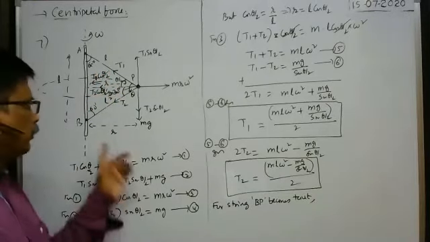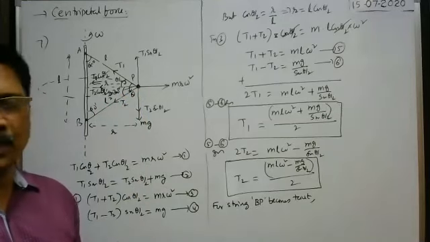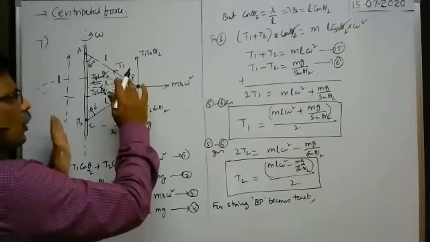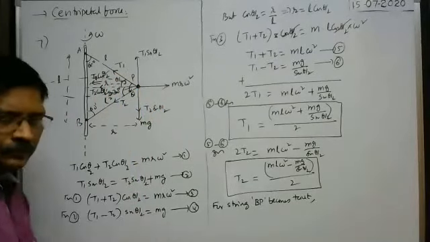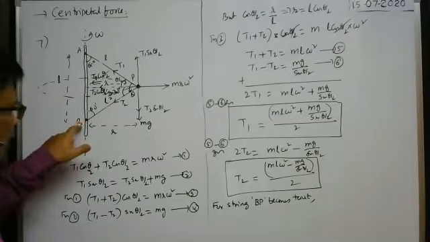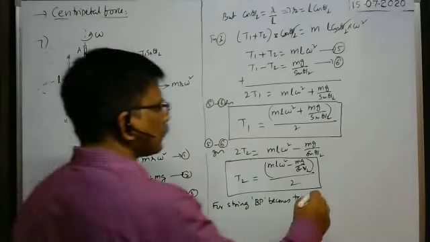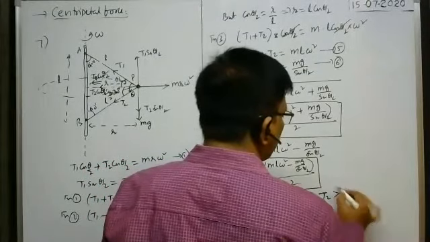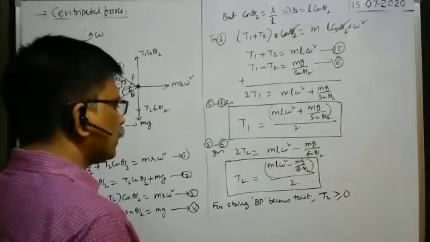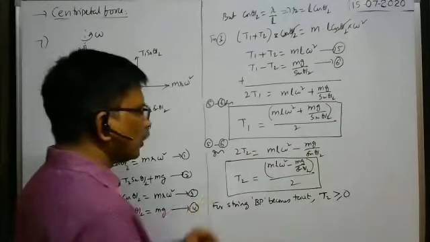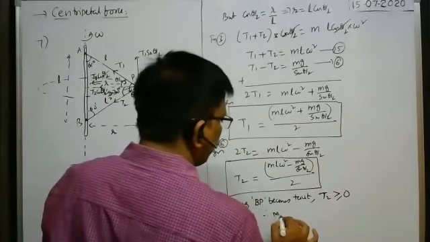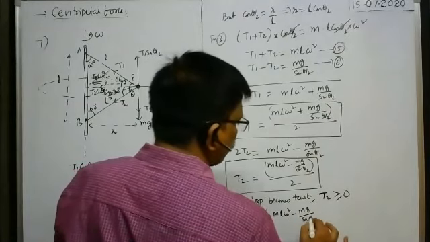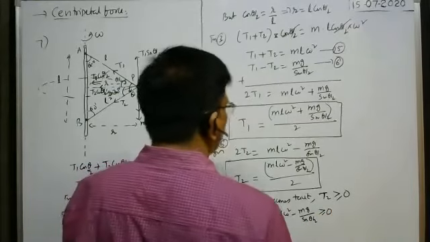For it to be taut, definitely there must be some tension in it, or it can be just 0, but never less than 0. Here, for the string BP to be taut, the condition is that tension T2 must be greater than or equal to 0. What about T2? T2 means this one, no? So therefore, m L omega square minus mg by sin theta by 2 is greater than or equal to 0.